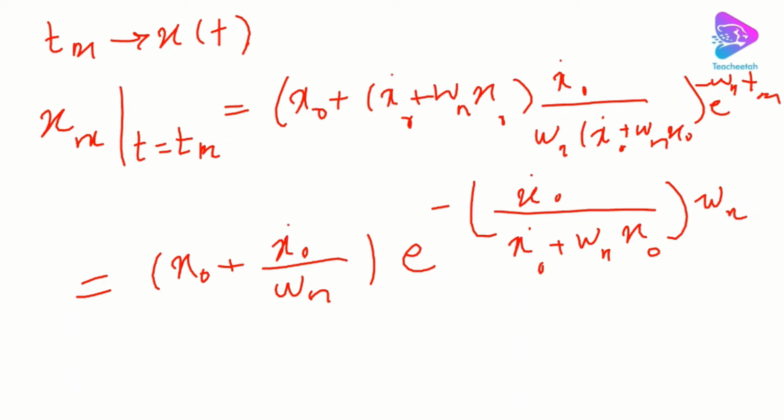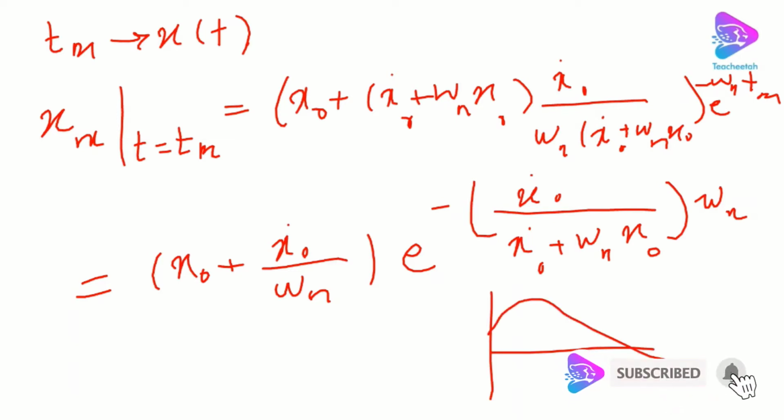So we are able to simplify by plugging tm into the x expression to find the maximum amplitude or maximum displacement for the critically damped case. So at tm we are able to find x, right?